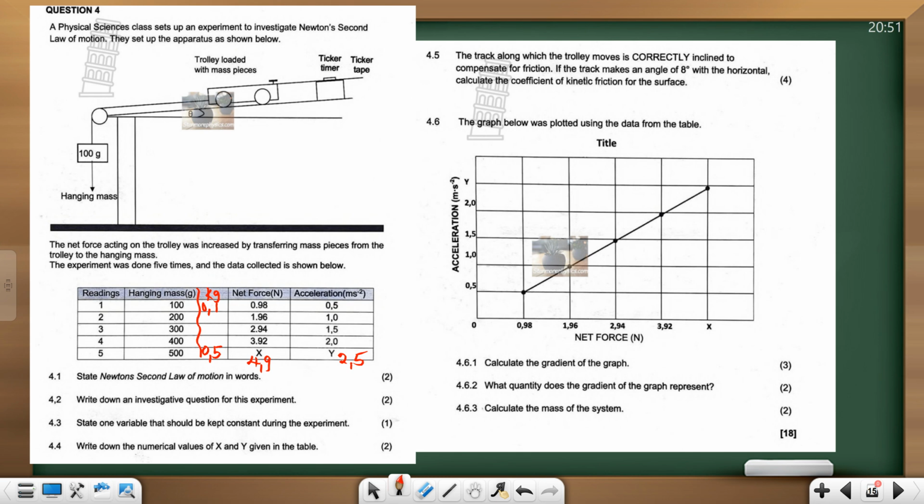y2 minus y1 over x2 minus x1. I can simply choose those 2 points, point 1 and point 2. Can I ask you to please get me the gradient quickly?